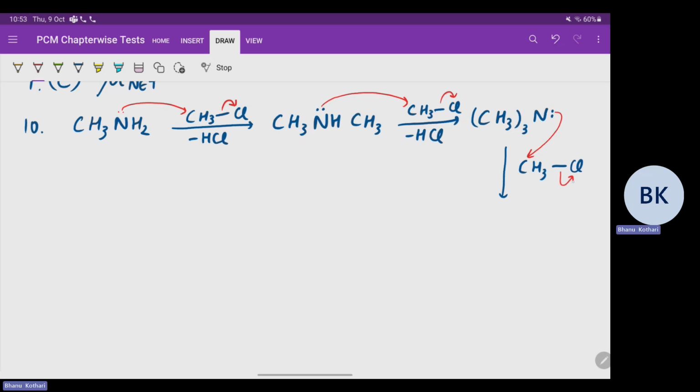We get (CH3)4N+ Cl minus. This is a quaternary ammonium salt, which is X. Okay. Now, what we are doing here is Ag2O in moist condition.